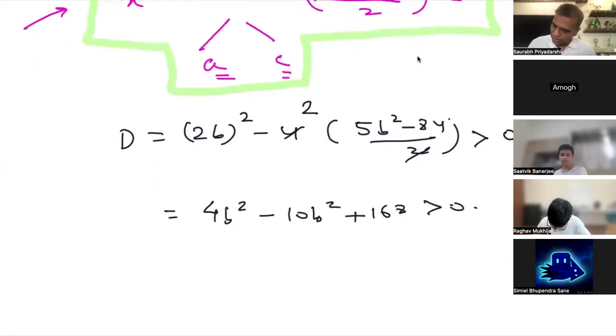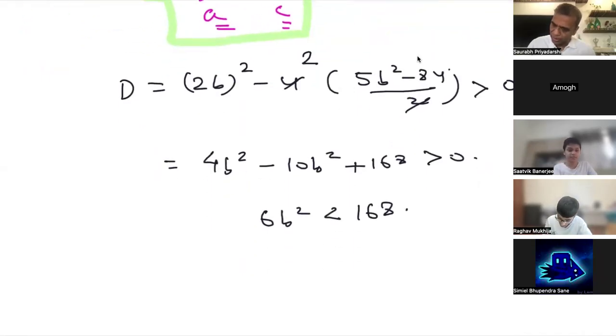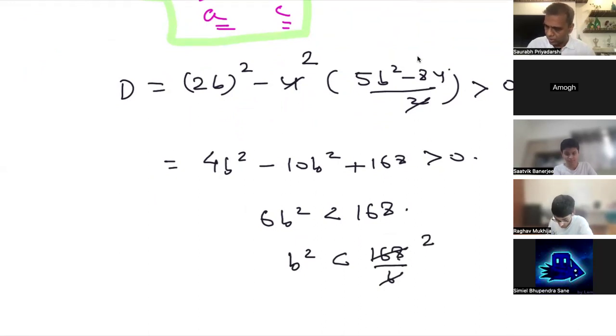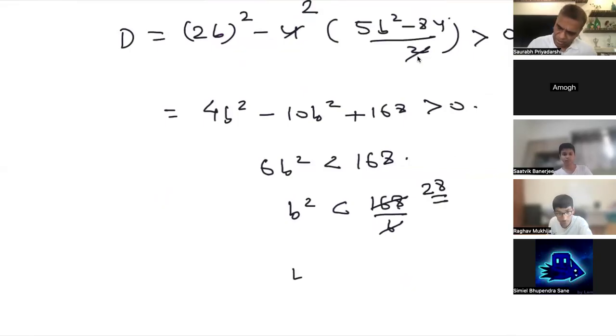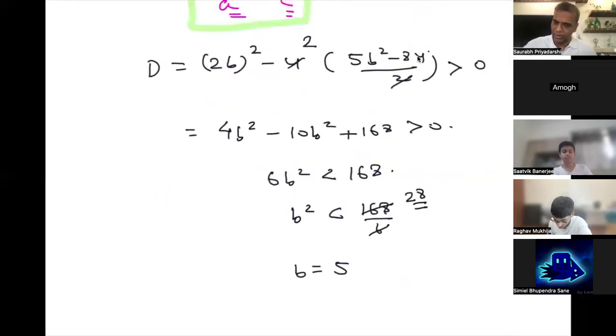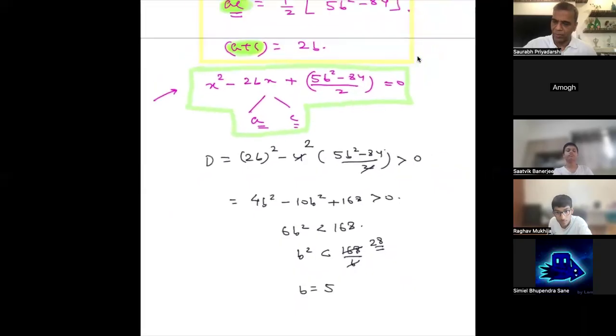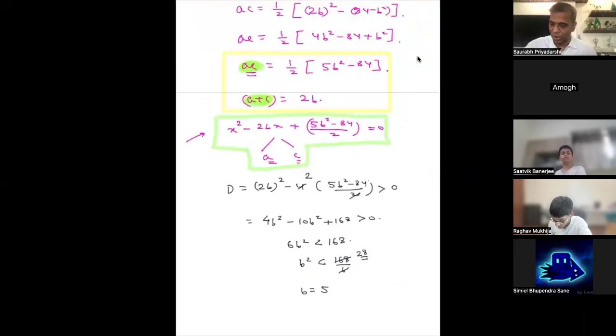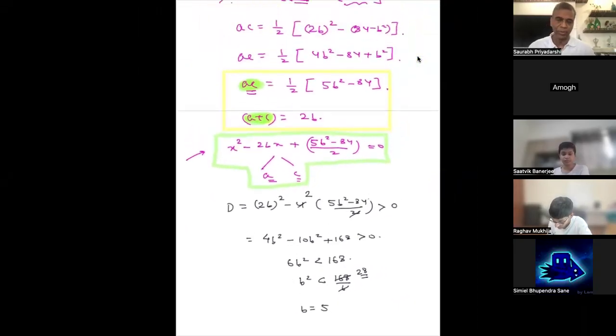So this is 6b squared less than 168. Obviously, b squared is less than 168 by 6, so b squared is less than 28. So obviously b is equal to 5, something like this. Because b is an integer, I can write b is equal to 5. Okay.